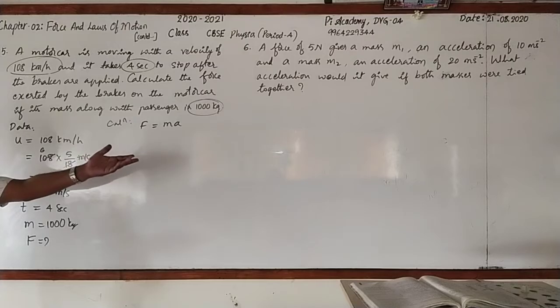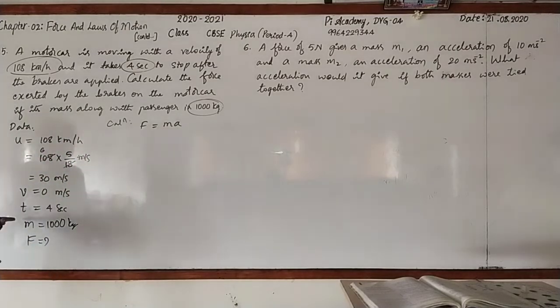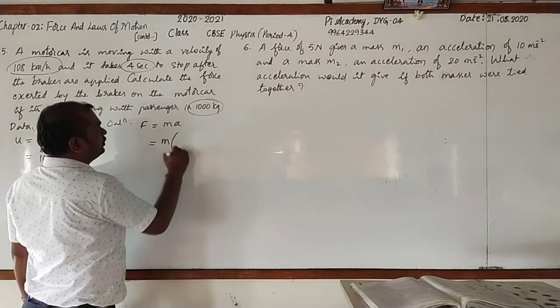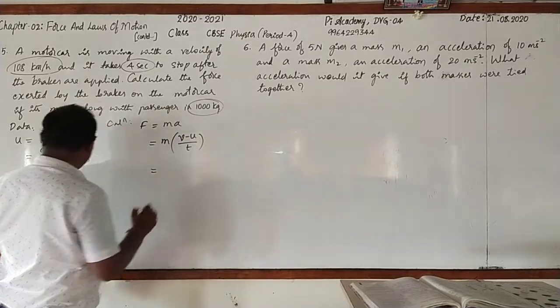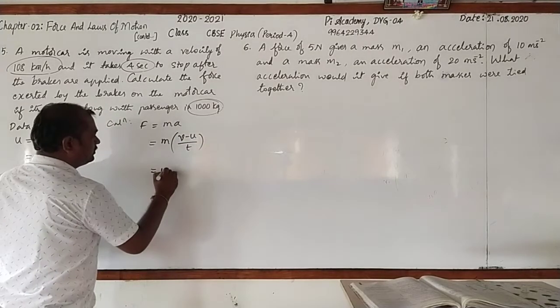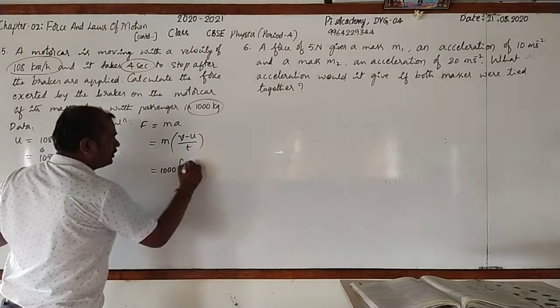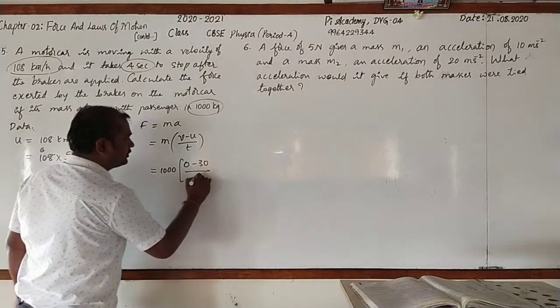So to find out acceleration, you need u, v and t. But all the terms are there. Here I'll write m into a, where a is (v minus u) by t. Substitute. m is 1000 into v is 0, u is 30 and time is 4 seconds.